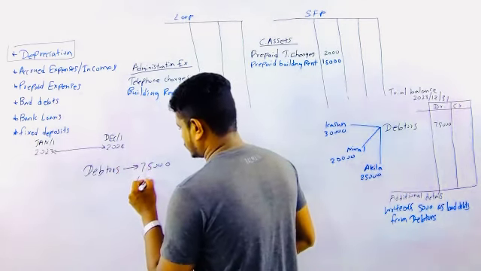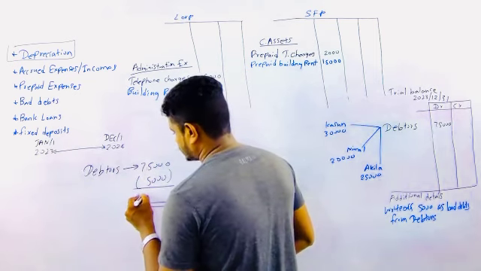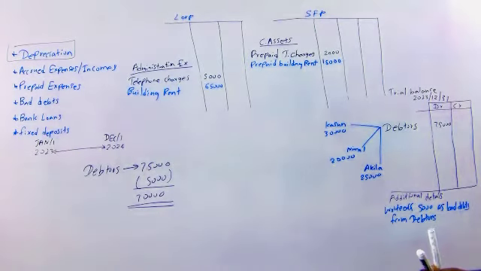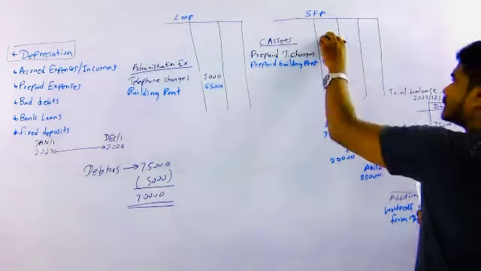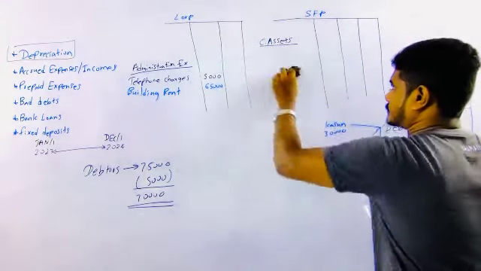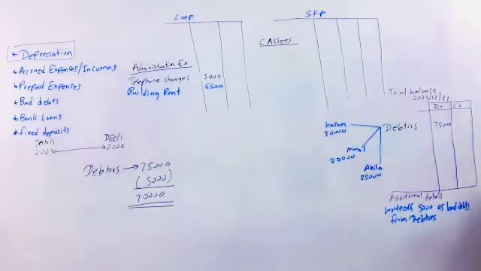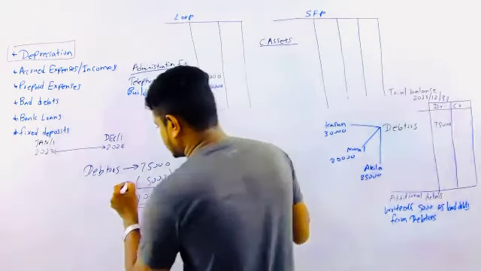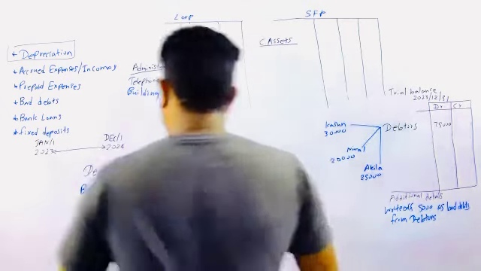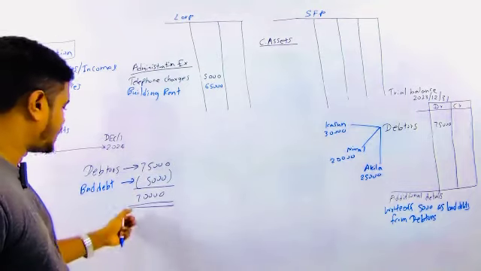Then we have to deduct 5,000. So the balance of debtors is 70,000. But we deduct this 5,000, and it is a bad debt, no? So it is an expense. So when we deduct bad debts from debtors, we can have the remaining debtors.